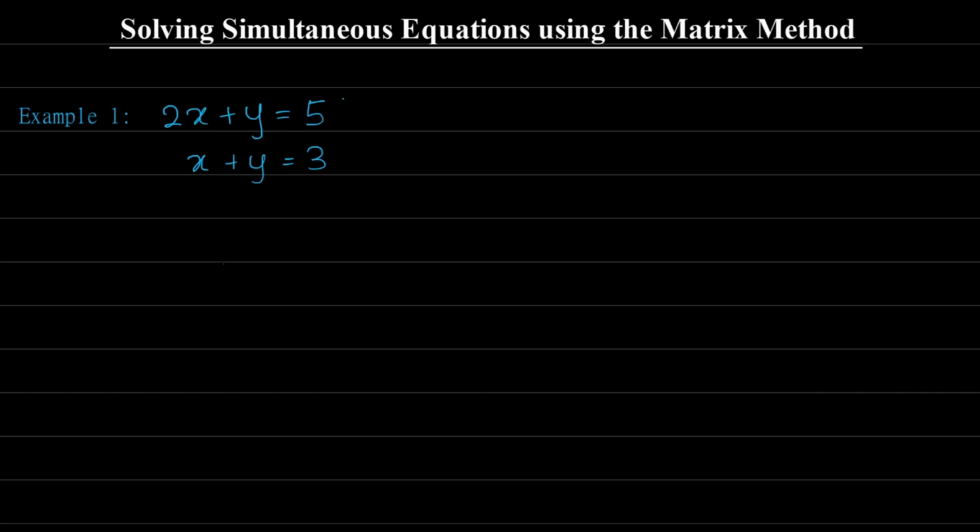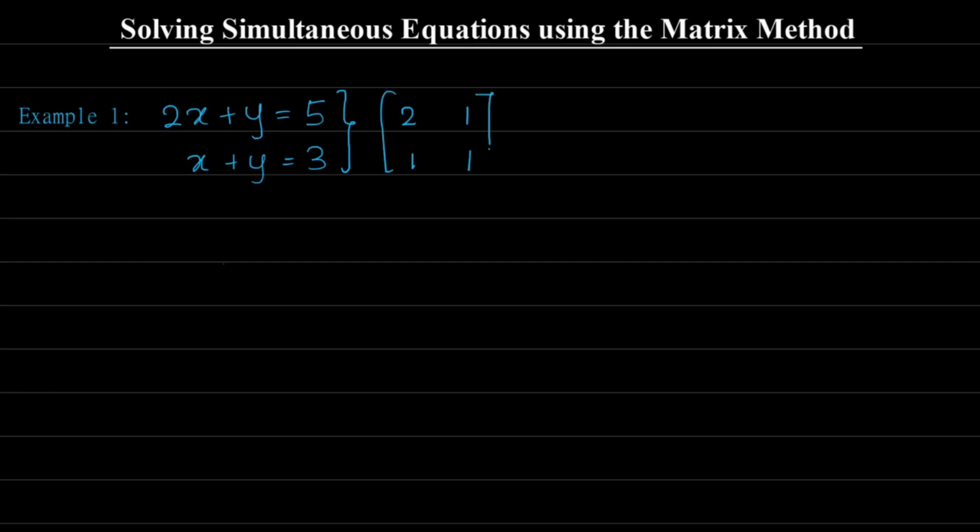Firstly, both equations in the system of equations must be in the standard format, which is the ax plus by equals c format. Since both of these equations in this example are in that particular format, this can be rewritten in the matrix format as 2, 1, 1, 1.